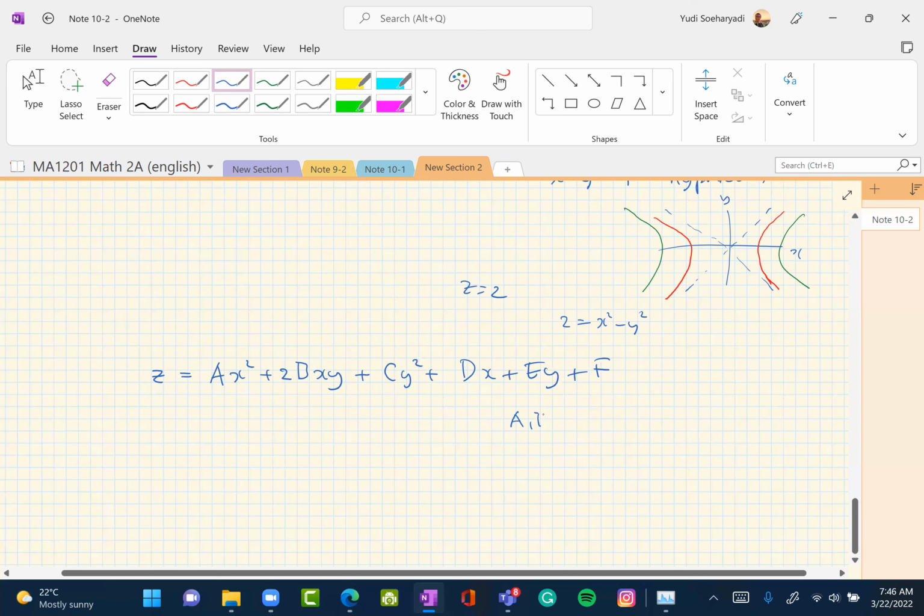So a, b, c, f are constants. So let's plot this one on maple.